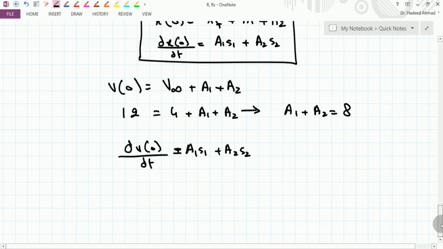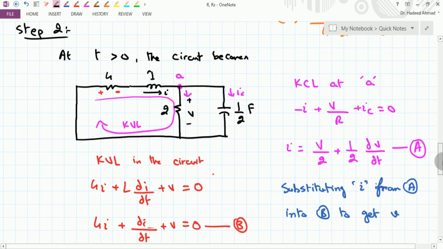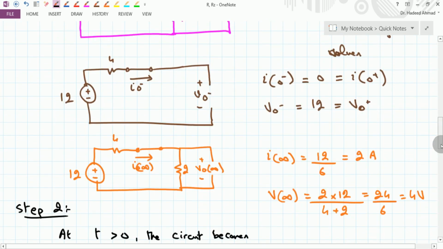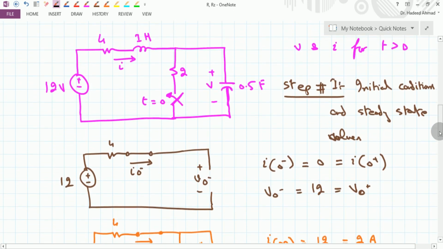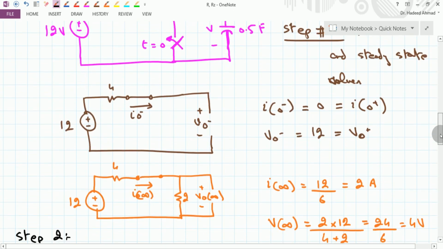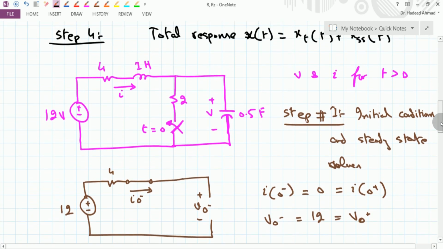Now in here we have to find out what is this dv0 plus over dt, and this can be computed by this circuit here, because if we know what is the value of the IC, we can find out what is the value of dv0 plus over dt.